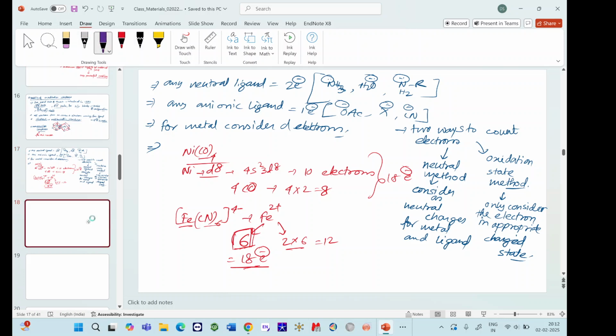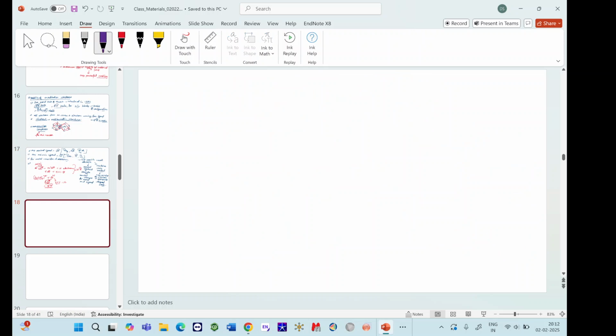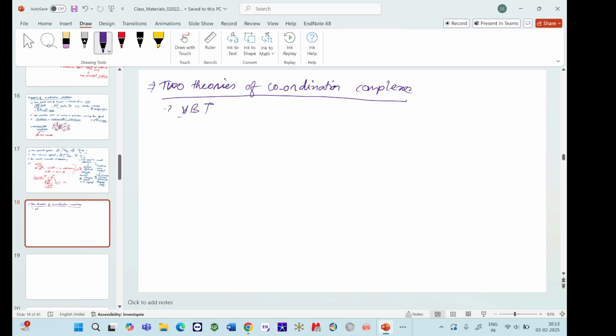Okay, and then two theories were introduced. One is your valence bond theory, and then came the crystal field theory.